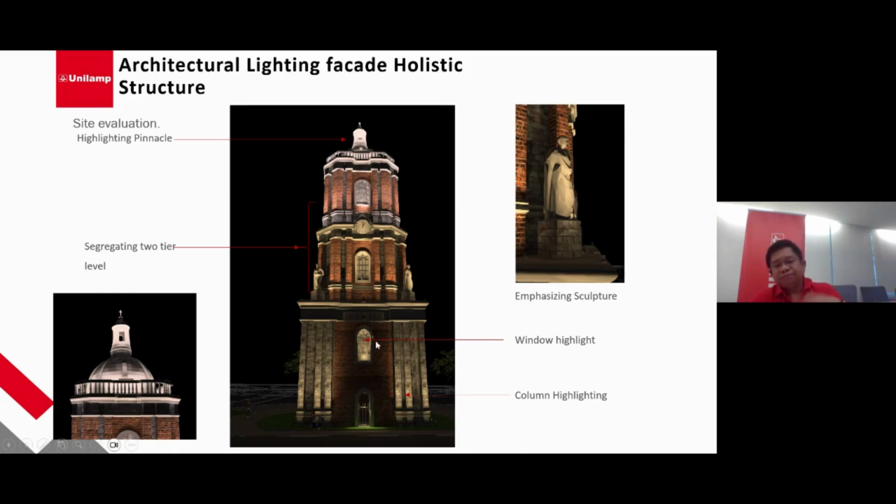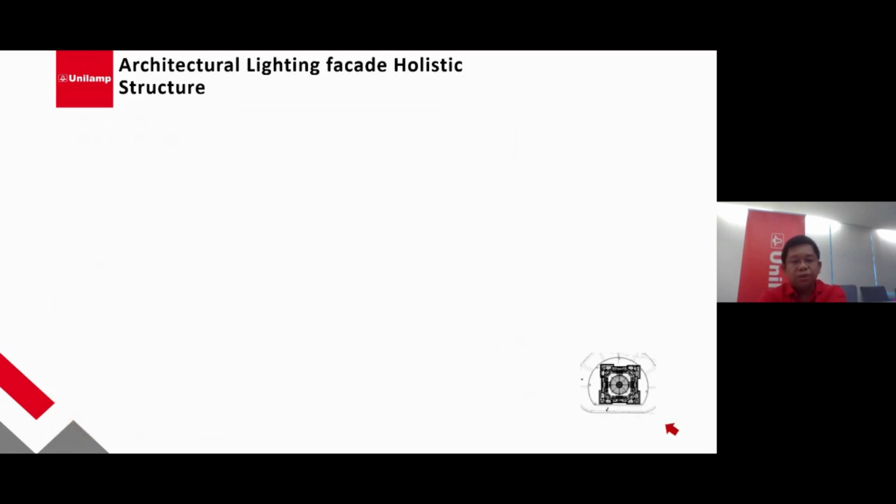Also, window-wise, try to create some highlight on the windows, just to emulate the light coming from inside. So we treat the column to create a column lighting effect. It is not a normal facade lighting where you just flood the whole structure.